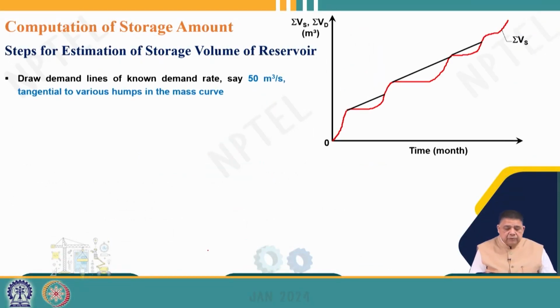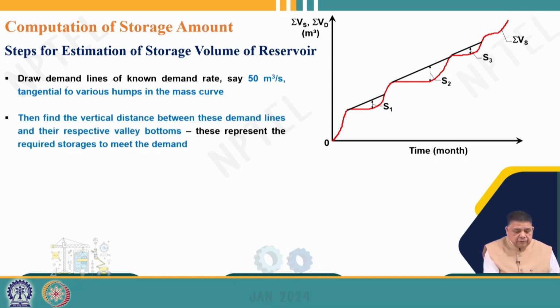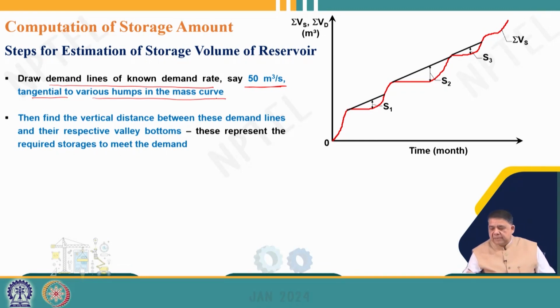So, suppose we want to estimate the storage requirement, then of course, we draw a demand line of known demand rate. Say, for example, our demand rate is 50 cubic meter per second, tangential to various humps in the mass curve. So, this is a mass curve we have plotted, and we identify the different humps, and then from there we draw a line having a slope of 50 cubic meter per second.